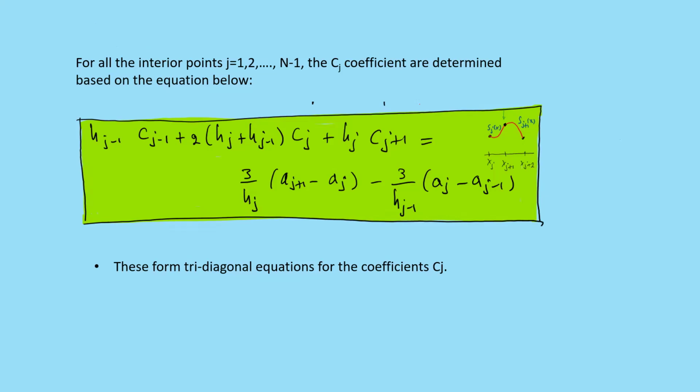According to the steps presented in the appendix, for all the interior points, meaning j from 1 to n minus 1, the coefficients of C are determined by using the following equation. These equations form a tridiagonal system for these coefficients.